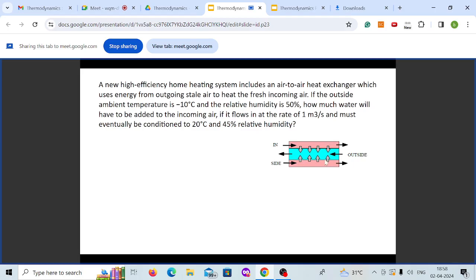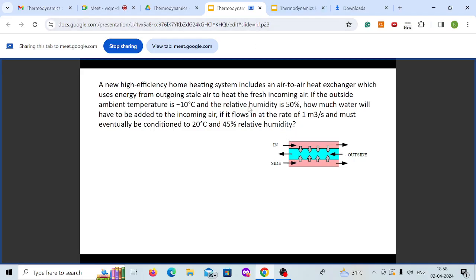So outside air is coming in and exchanging heat with the inside air. This is the heat exchanger, if you see. The inside air is flowing on the red portion, and in the blue center portion there is outside air coming in and exchanging heat.